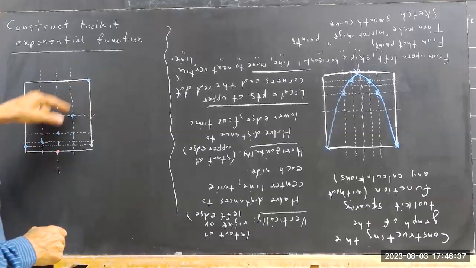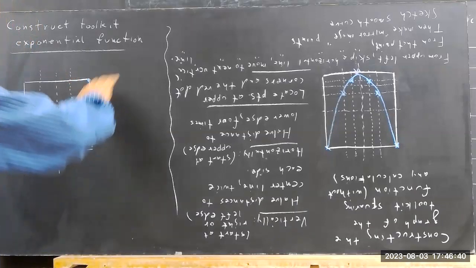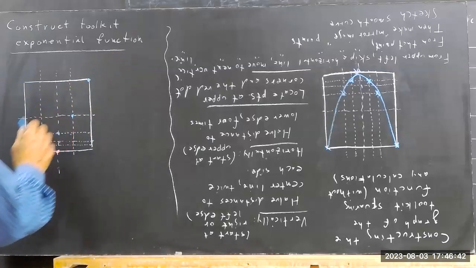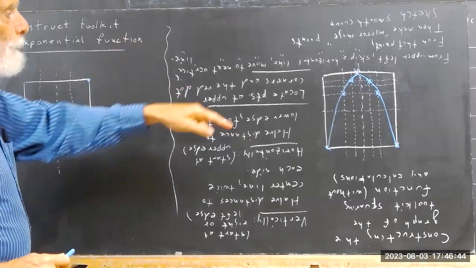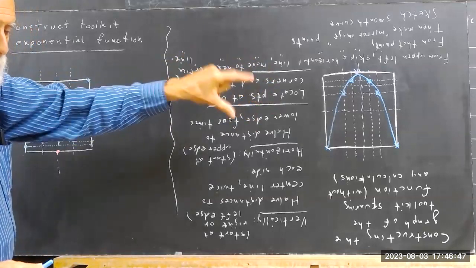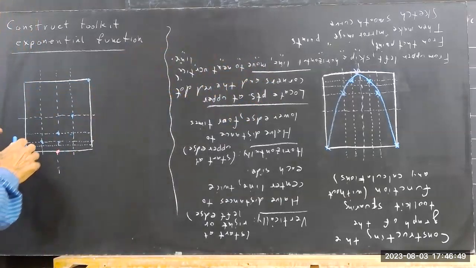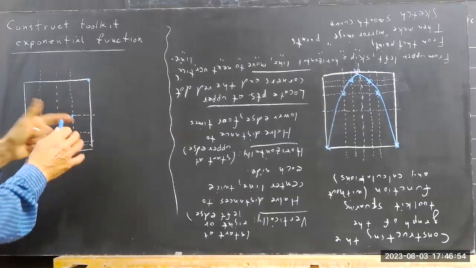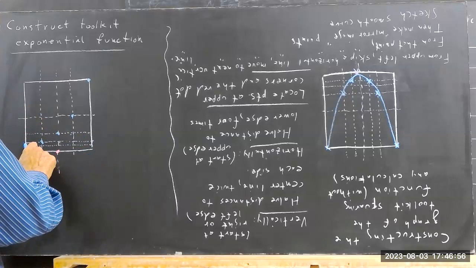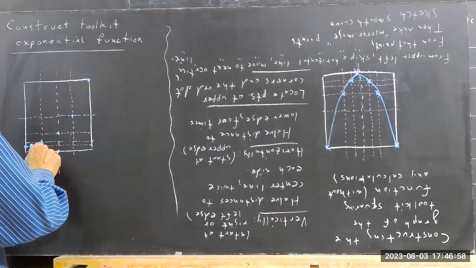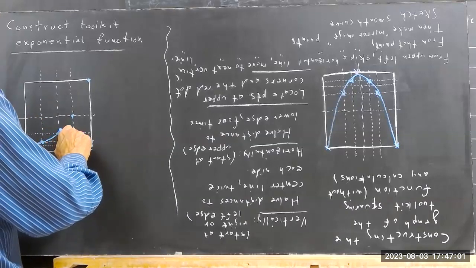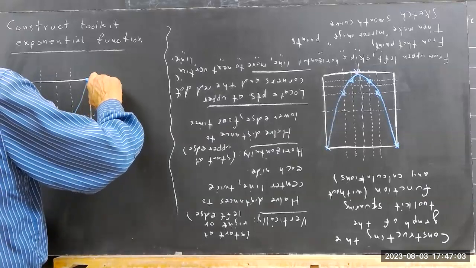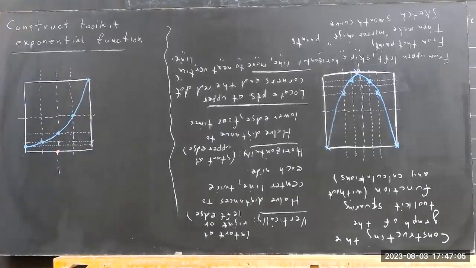And now we have 2, 3, 4, 5 points. This is a simple curve, and it's much easier to draw than the parabola, because we don't have to worry about the symmetry. So we just start here, move to this point, and gradually increase the steepness until we get to this point. And that's a pretty good graph of the toolkit exponential function.